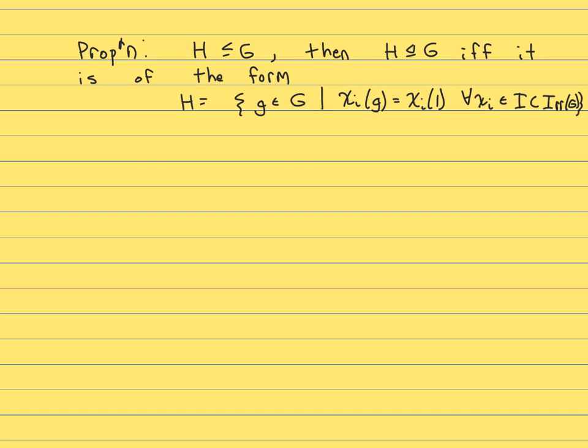So the point is, one way to find normal subgroups is to take subgroups and check the normality condition.